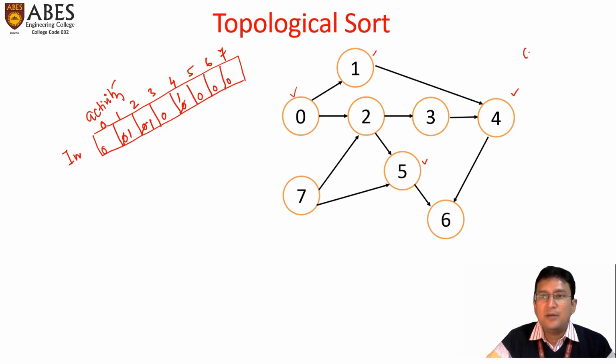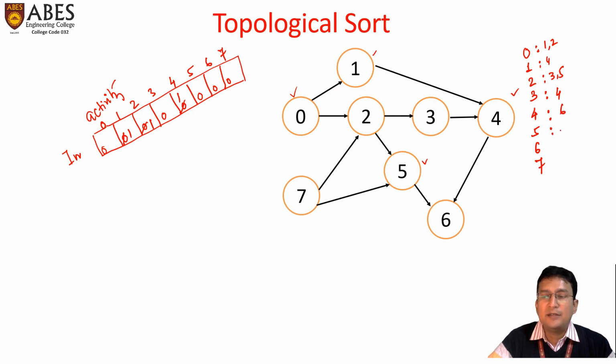So let's say that we are going to represent the adjacency list here. The connection from 0 is to 1 and 2. For 1, the connection is only 4. For 2, the connection is 3 and 5. For 3, the connection is only to 4. From 4, the connection is only to 6.